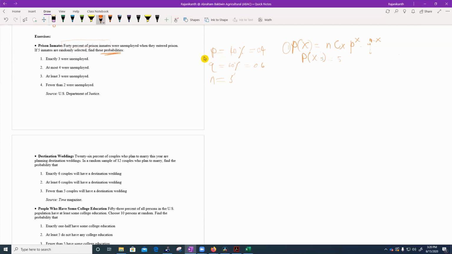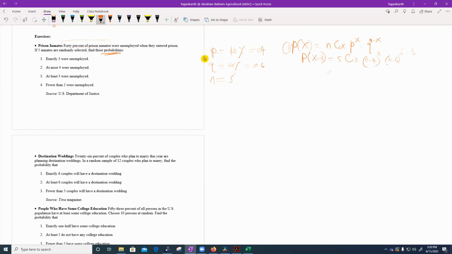So you know n, the total number of trials, is 5. Choose 3. Little p is 40% or 0.4 to the power x, which is now 3, times my q, which is now 0.6, to the power of n, which is now 5 minus 3.